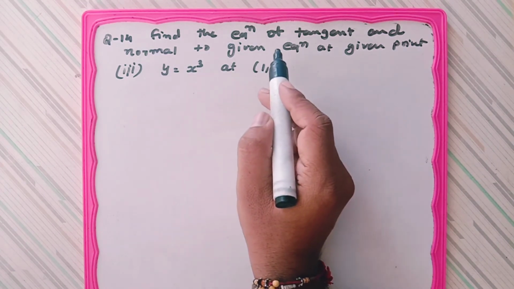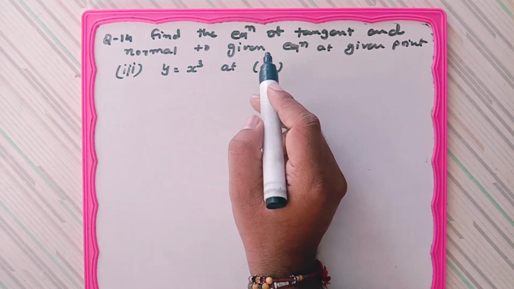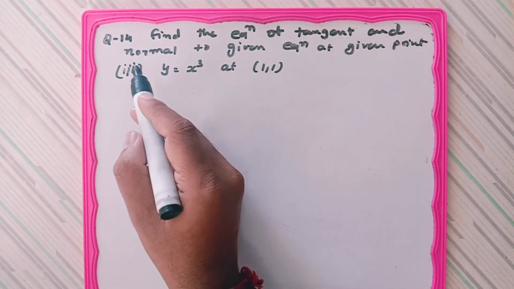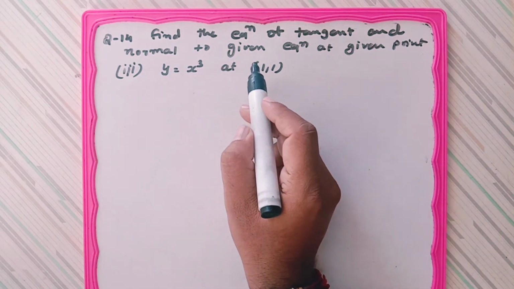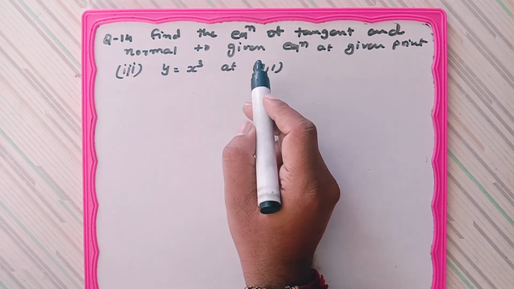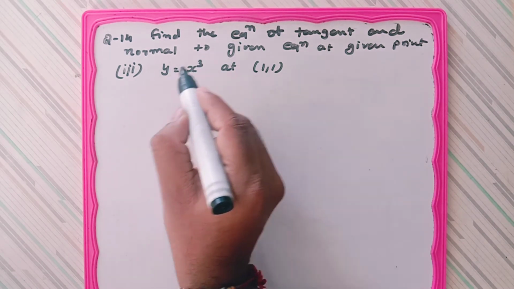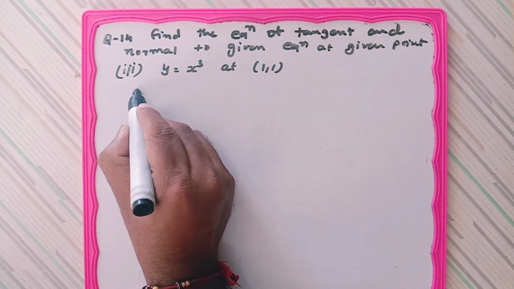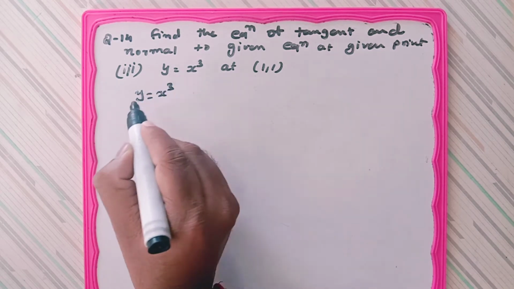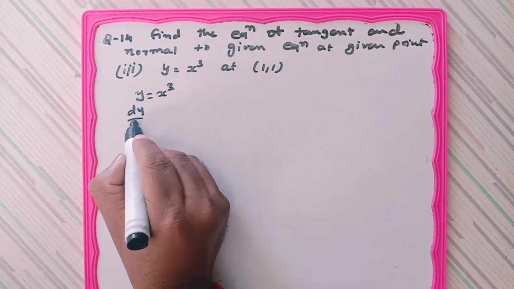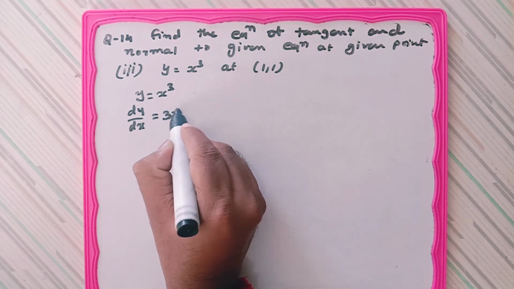Question 14, third question we have: find the equation of tangent and normal to the given curve at the given point. So y equals x cube at (1, 1). For the slope of the tangent, we differentiate y equals x cube with respect to x, and dy by dx equals 3x square.